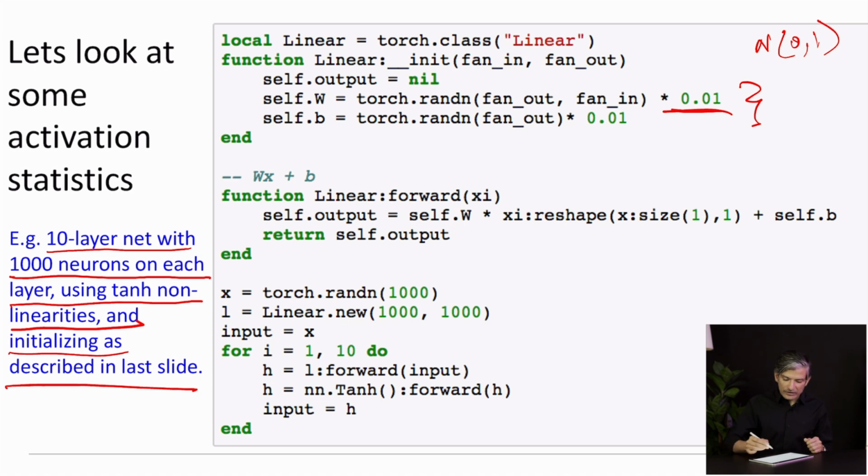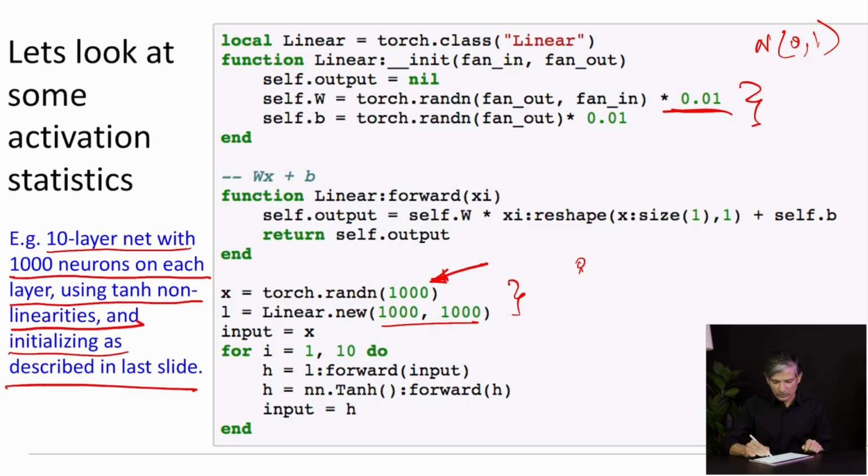And then we're creating this neural network. Our input is these 1000 numbers, and our input, as you see, is also from a Gaussian distribution, and each linear layer is of 1000 neurons and it goes to 1000 neurons.